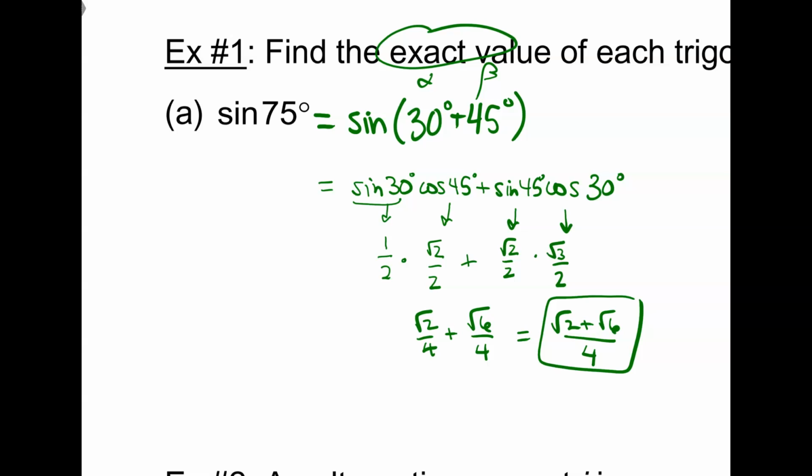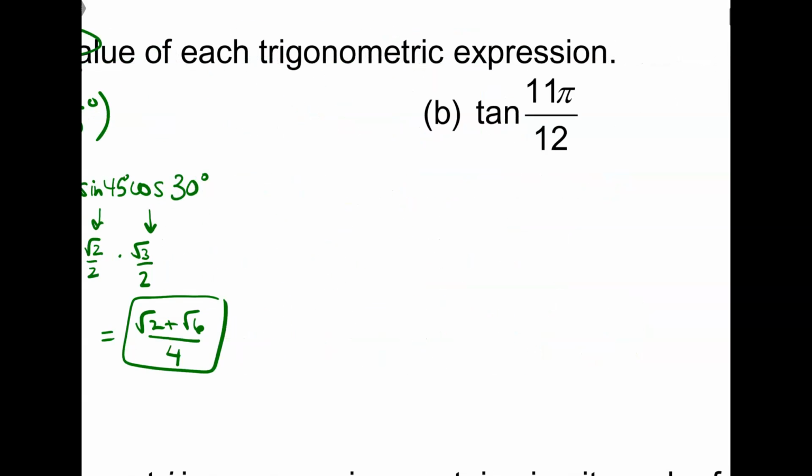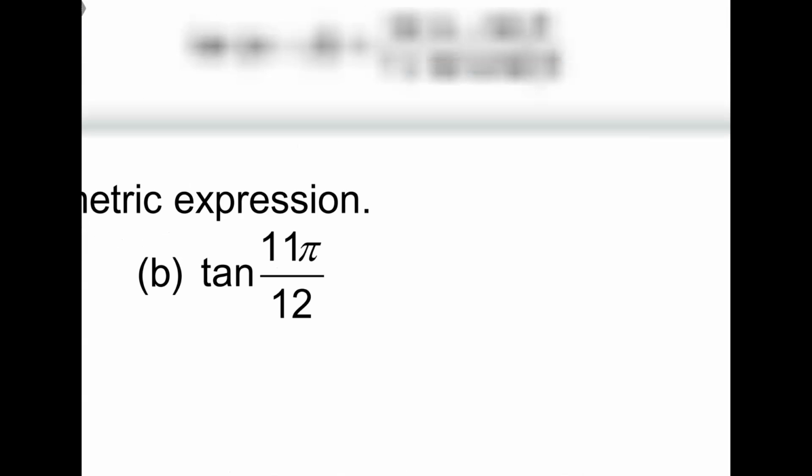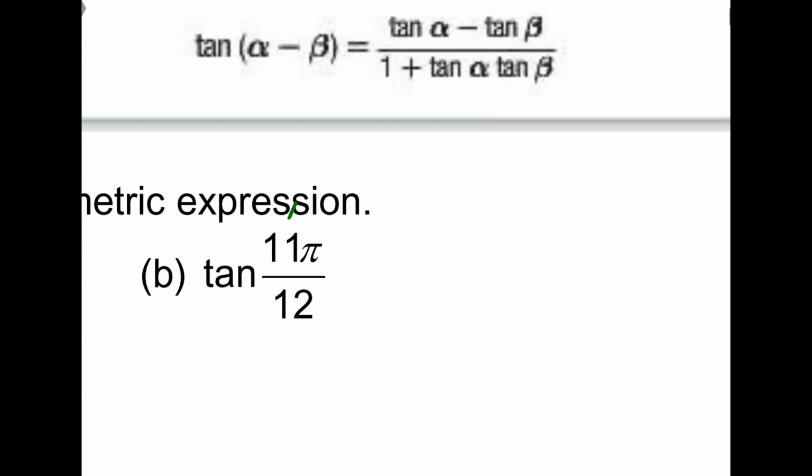Can you leave it in radians? You should leave it in radians. If it helps you to convert to degrees to figure out what it should be, how many degrees? 165? You could figure it out in terms of degrees, and then we should leave it in radians.